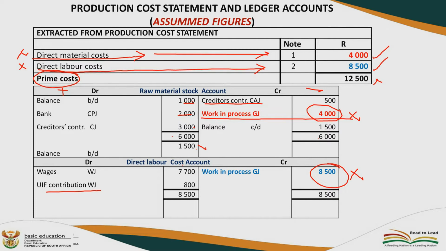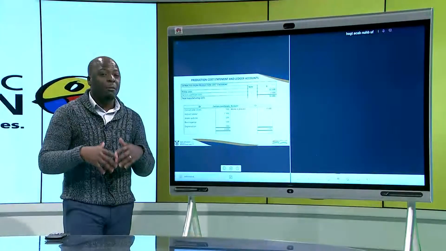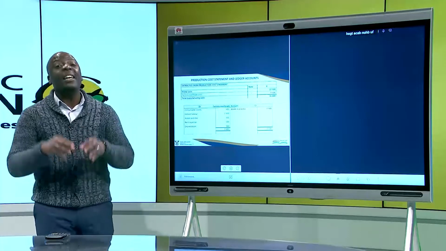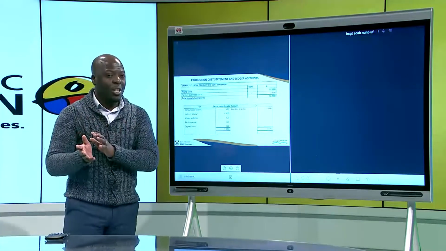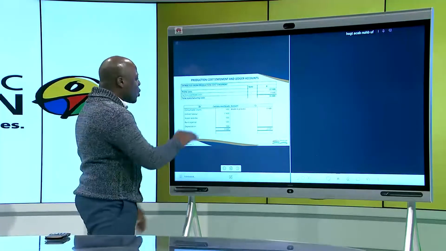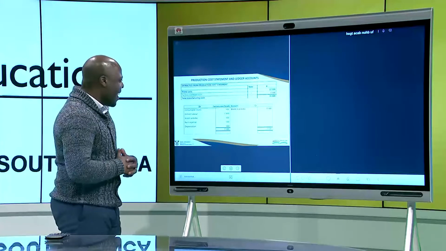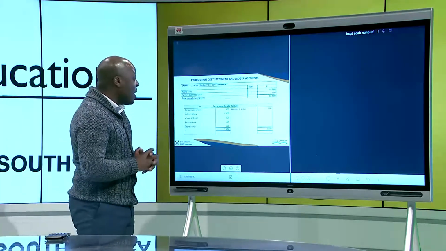Boys and girls, let's go on and see what then happens when we have factory overheads. Remember, I told you, factory overheads, these are costs that are happening in the factory, but not direct. Okay? The first one that we have, it's consumable stores. We spoke about this already. Yes. Now, we also have your indirect labor.